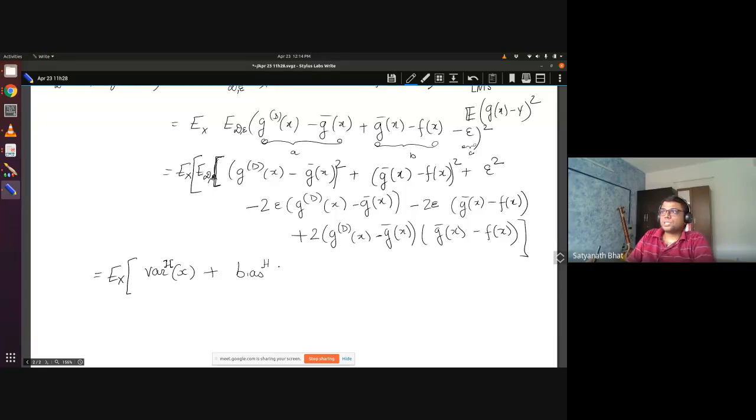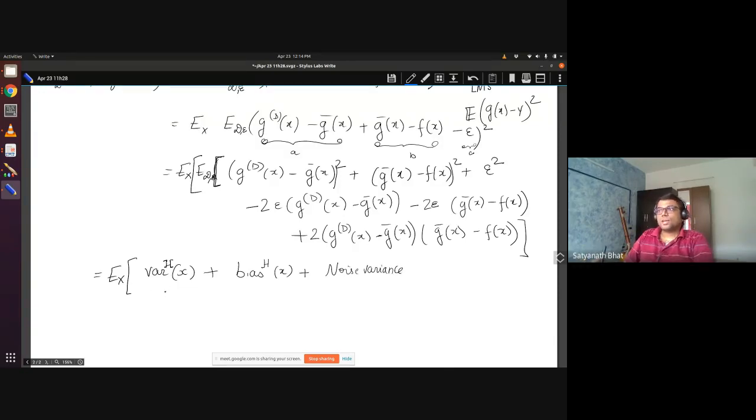Again, I will put an H just to indicate that this G bar is associated with the hypothesis bag under question. Then epsilon square, right? What is epsilon square if epsilon is a zero mean noise random variable? Variance, right? So this is like the noise variance. I will write that.